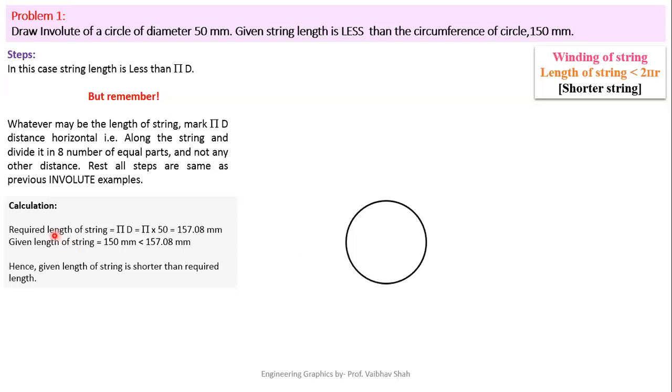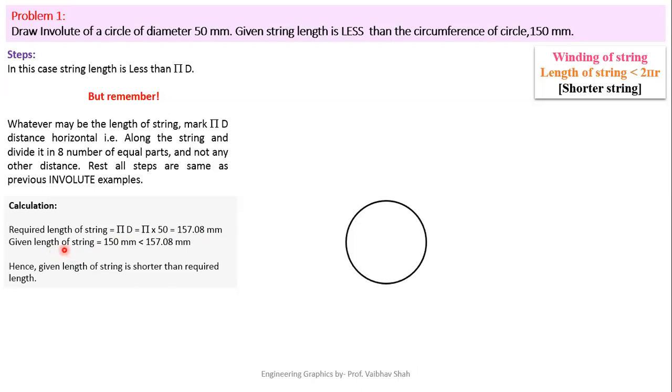So now here required length of string which is exactly equal to pi d, the circumferential distance of a circle. So which is pi into 50, because here our given diameter is 50 mm. So we will multiply pi with 50. So we'll be having 157.08 mm, which is a required string length to cover the complete circumference of your circle.